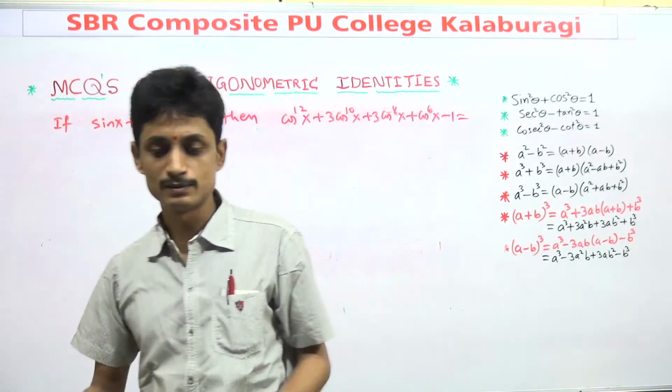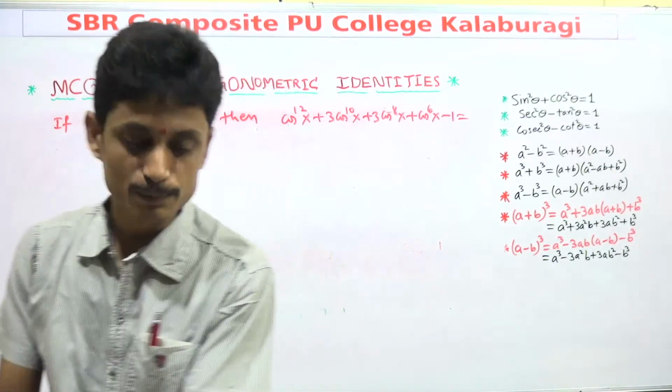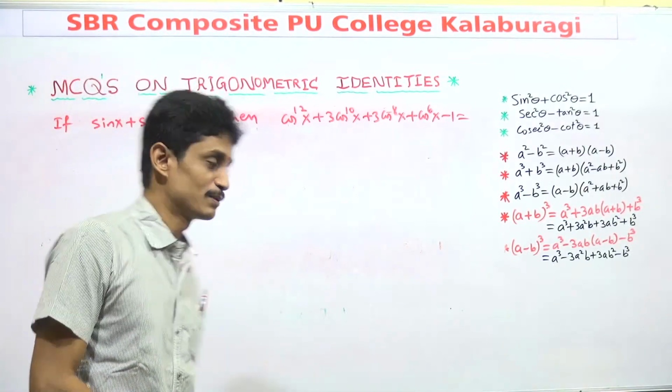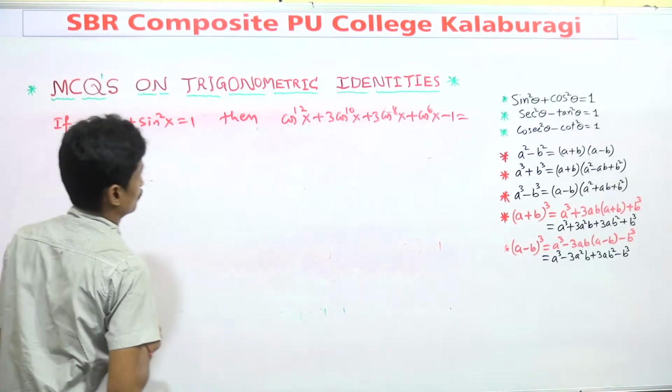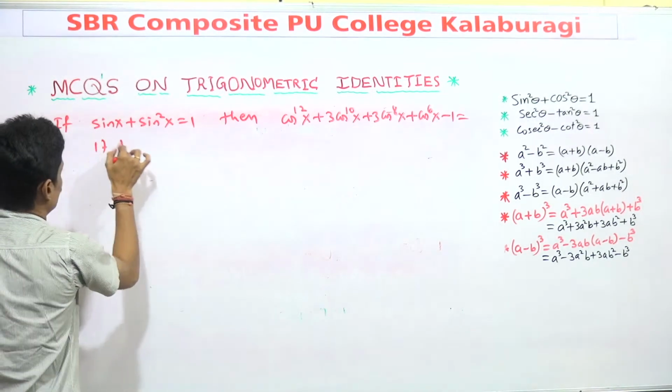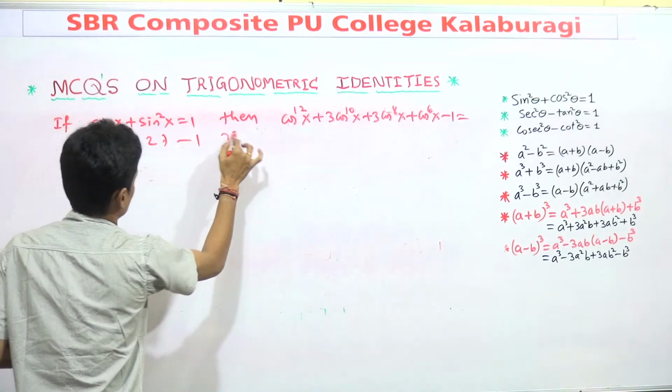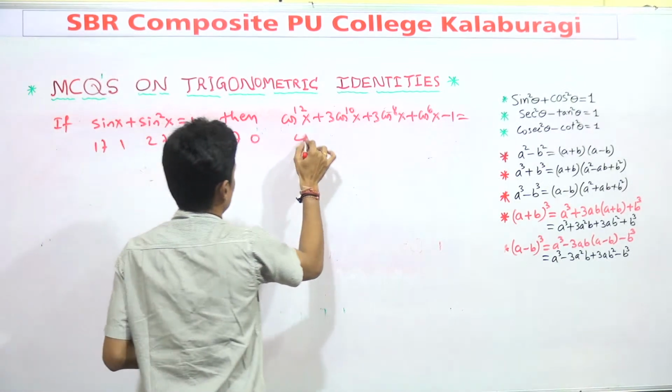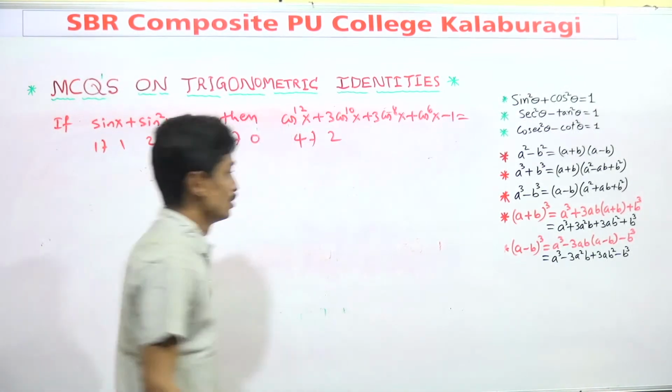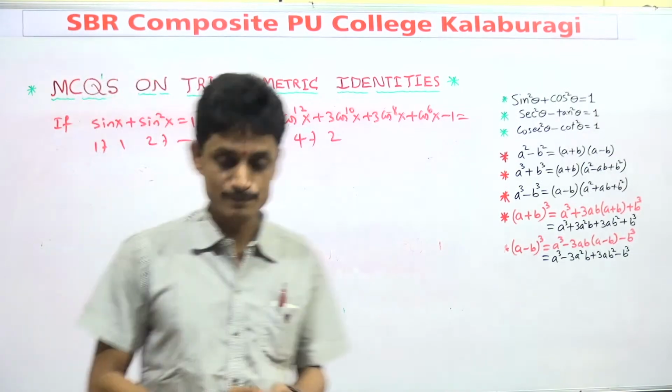After this problem, we'll get very simple problems. All lengthy problems I will make complete for this one. Option 1 is 1, option 2 is minus 1, option 3 is 0, option 4 is 2. Very simple question.